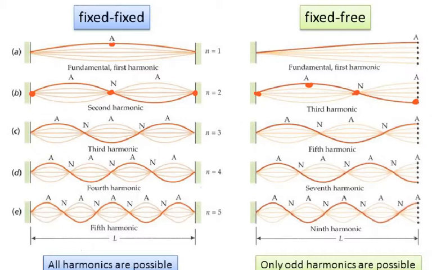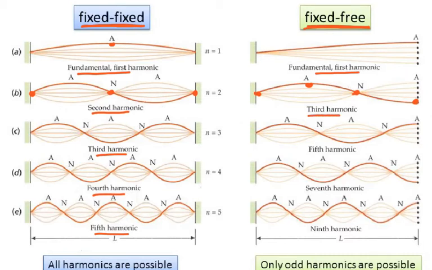Also, what's interesting is, this is both sides fixed or both sides open, and this is one side fixed and one side not. And here they call it fundamental or first harmonic, second harmonic, third harmonic, fourth and fifth, and so on.